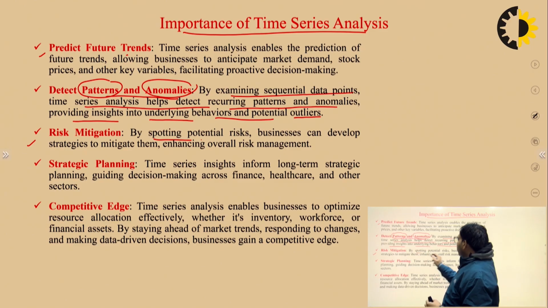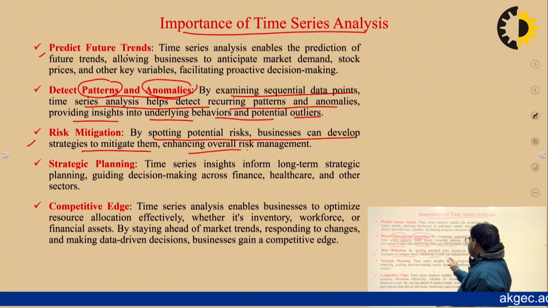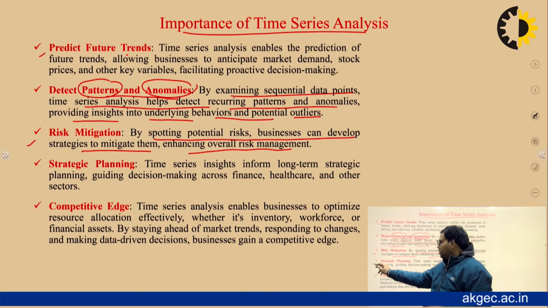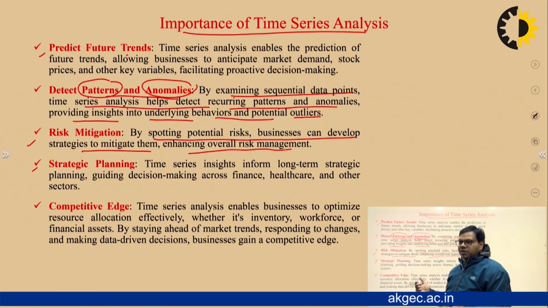So by spotting the potential risk, businesses can develop strategies to mitigate them, enhancing overall risk management. Strategic planning can be done in the same way as risk mitigation. It can be done on the basis of some forecasting.